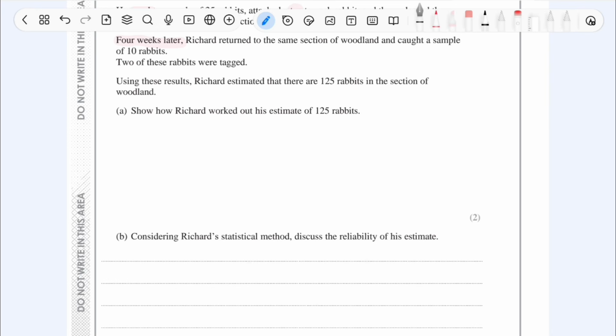The formula I use, and there are plenty of methods to go about it, however I'm going to use the method I'm most comfortable with, is just to use the formula, which is uppercase M over uppercase N is equal to lowercase m over lowercase n. Now, I'm going to spend a bit of time labeling what each of the letters means. The capital N here is the total. That's what we're actually trying to estimate. We're trying to estimate the total population of whatever we're looking at.